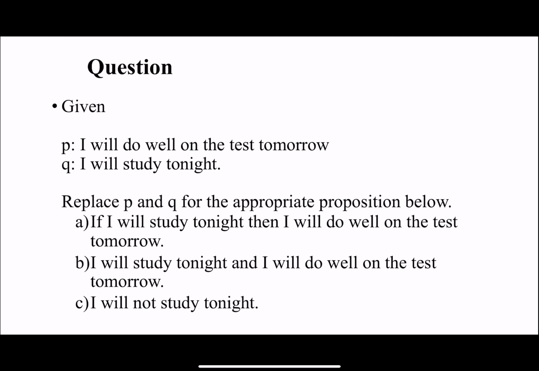B, I will study tonight and I will do well on the test tomorrow. And C, I will not study tonight. So I want you to change these statements into symbols. Well, I give you 2 minutes. Okay, go ahead.